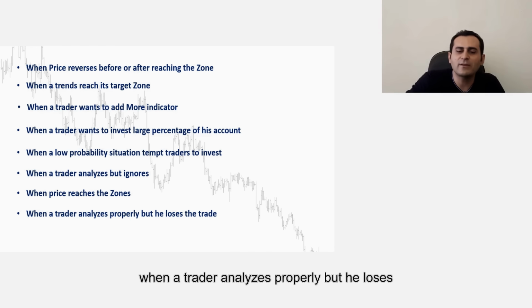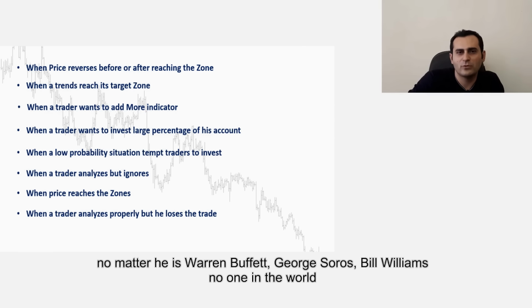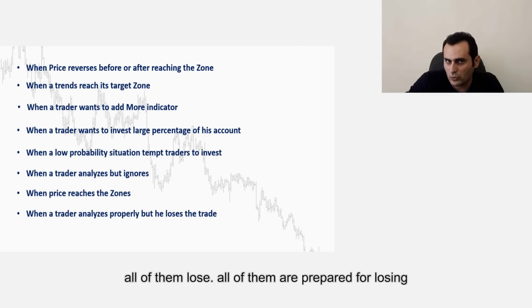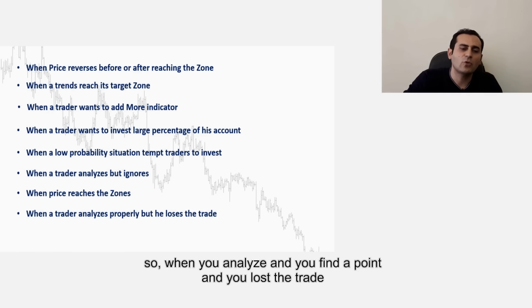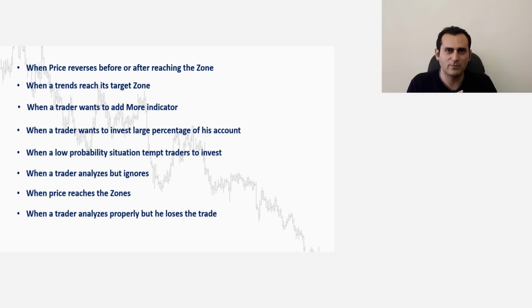When a trader analyzes properly, but he loses. You know, no one in the world, whether it is Warren Buffett, George Soros, or Bill Williams, no one in the world is a winner in all of his trades. All of them lose. All of them are prepared for losing. So when you are analyzing and you find a point and you lose a trade, don't try to modify your system.